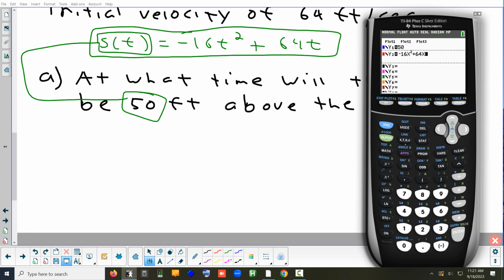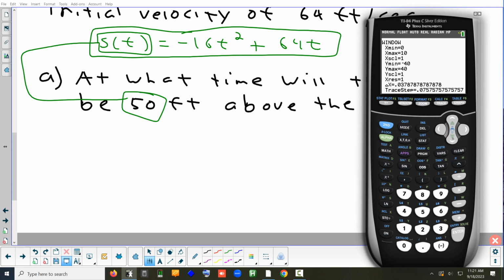Now the blue one, y equals 50, is a horizontal line at what number? 50. So I need to set my y max to at least 50. I'd probably go to 75, a little bit extra. Also, x is time. Does it make sense to have negative time? No, so don't even let x go negative.